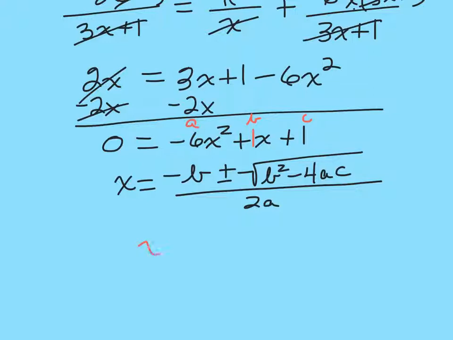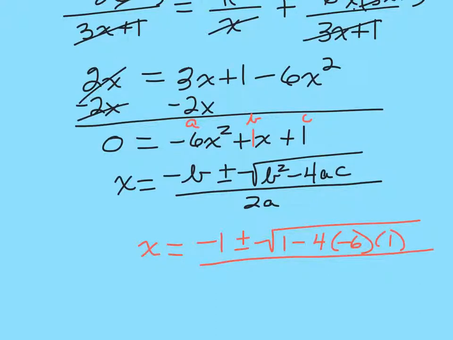So x equals negative b would be negative 1 plus or minus the square root of, what's b squared? It'd be 1 squared, or 1, minus 4 times a is negative 6, and c is 1. All over 2a would be 2 times what? 2 times negative 6. Okay, does everybody understand where all that jazz comes from? Yes, sir.